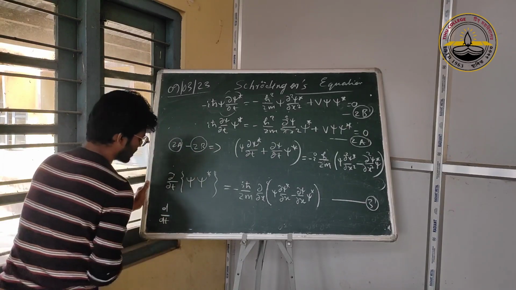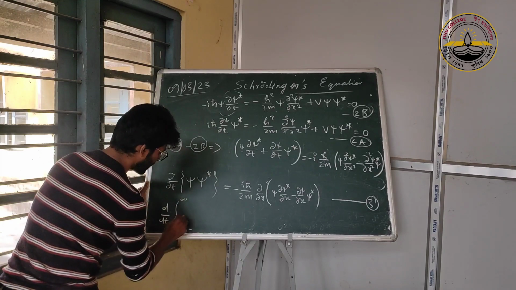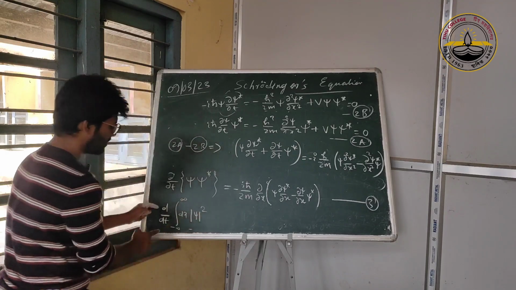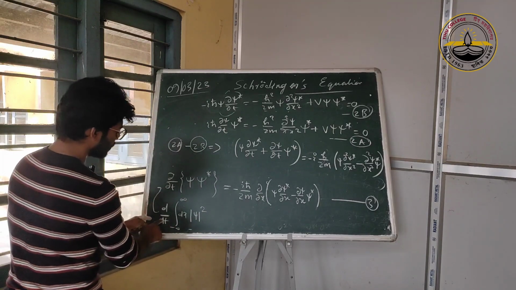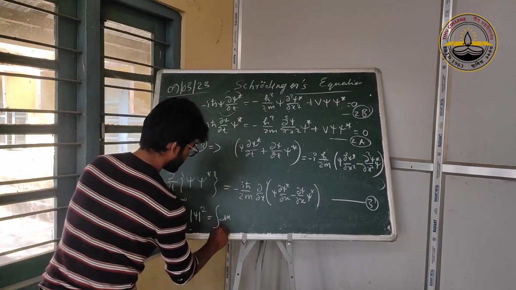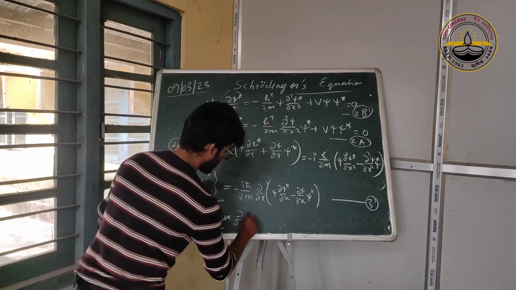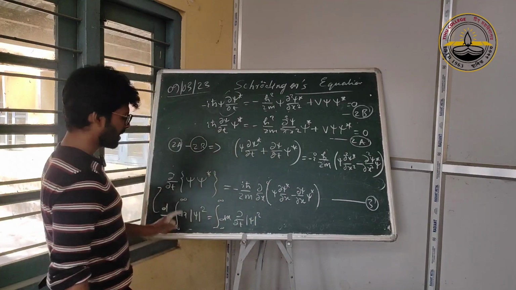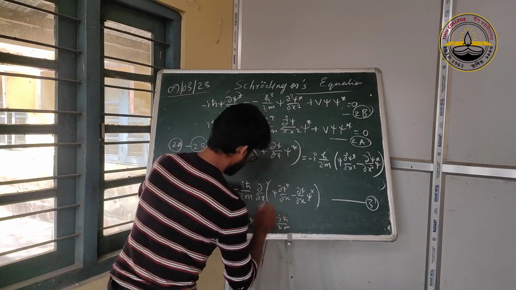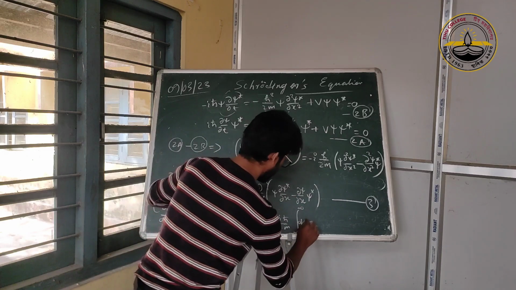Remember how you got here. It was d/dt of the integral from minus infinity to plus infinity dx |ψ|². From there you got the integral dx from minus infinity to plus infinity of ∂/∂t of |ψ|², and this is equal to minus iħ over 2m, integration from minus infinity to plus infinity dx.